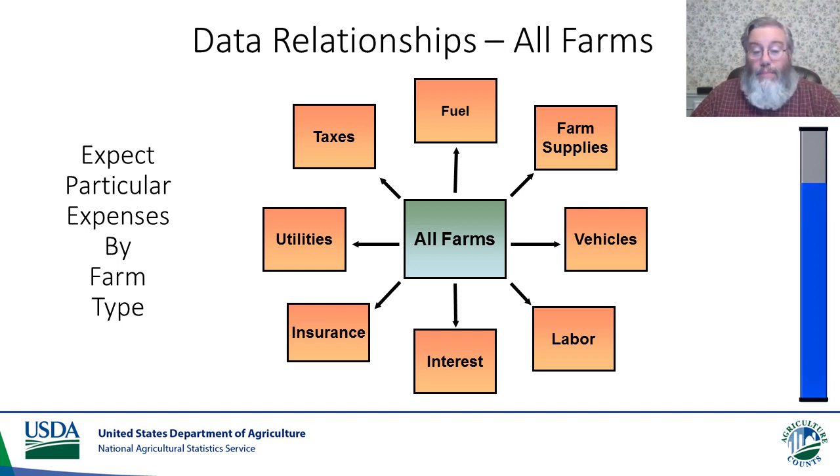Now, the expense information reported in Section H is considered the most important information to be collected on the questionnaire. National, regional, and state level estimates published in the annual Farm Production and Expenditures Report come directly from the information in Section H and are broken down by farm type and sales class.